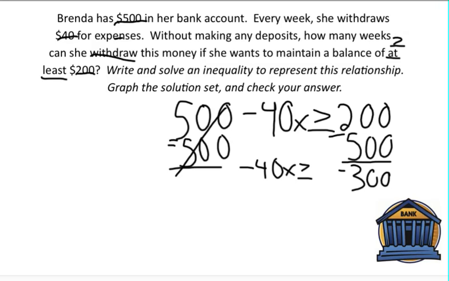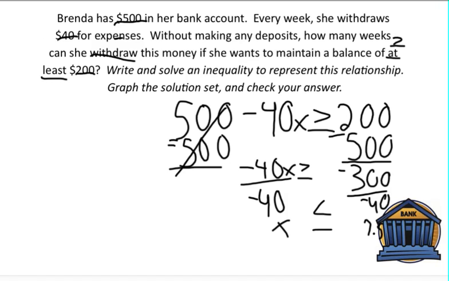So negative 40x divided by negative 40 is x, and negative 300 divided by negative 40 is 7.5. So we also need to flip the sign because you need to flip the sign when multiplying or dividing integers. So the answer is x is less than or equal to 7.5.